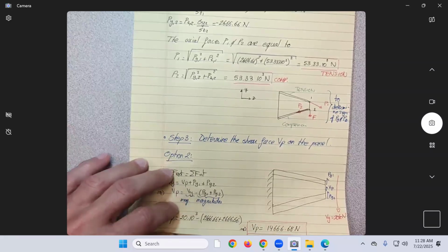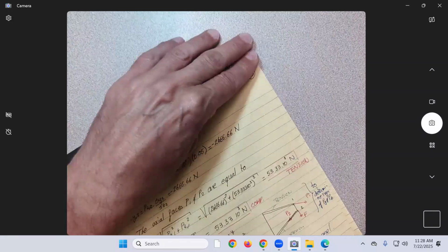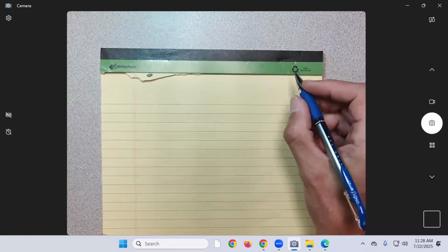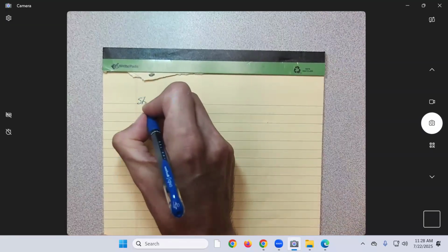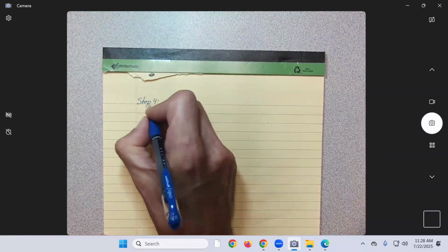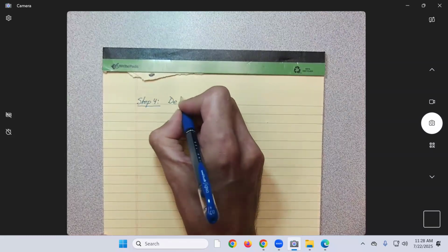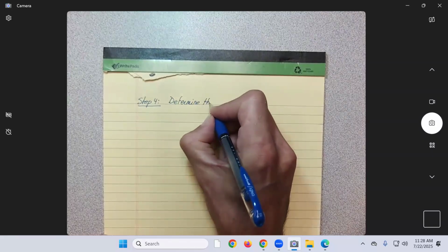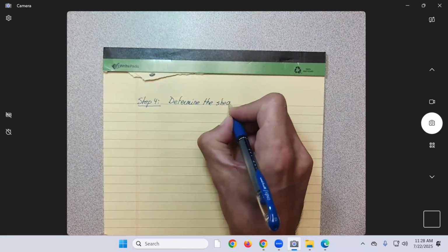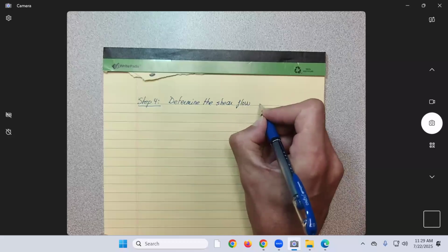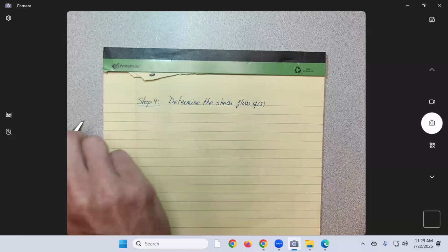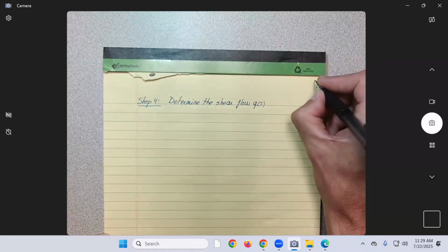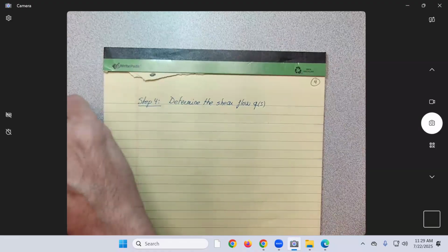Okay, and finally, what is step 4? Correct, step 4: determine the shear flow Qs, and this will be on our page 4.